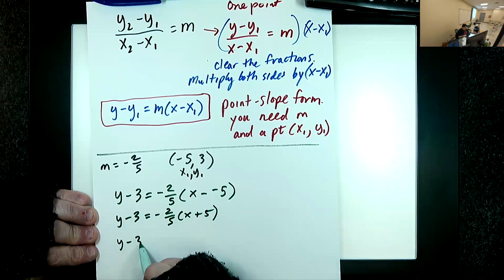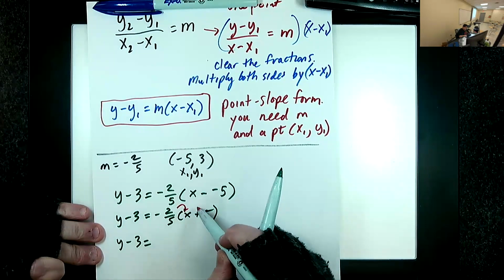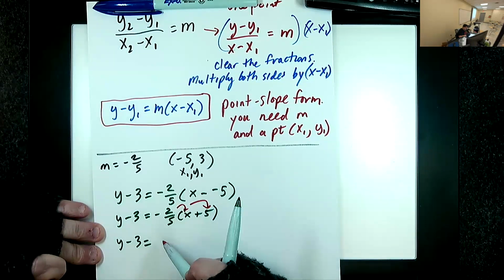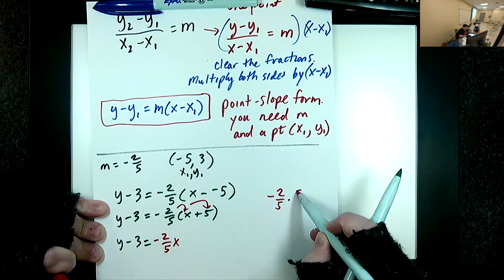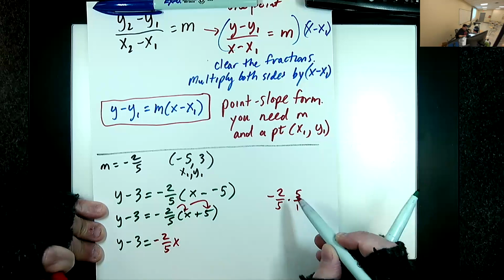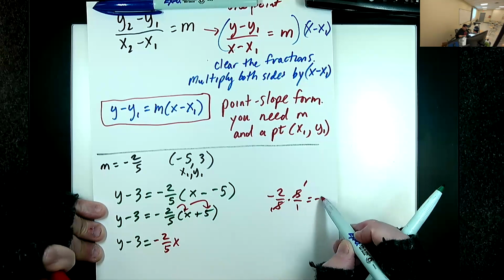And now we have to distribute. -2/5 times x is just -2/5 x. -2/5 times 5, I'll write it as a fraction. The 5's cancel, and I get -2.